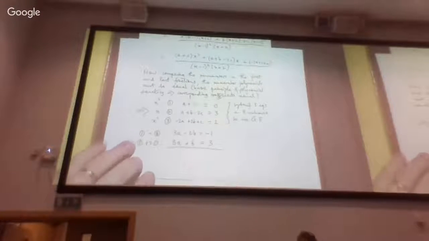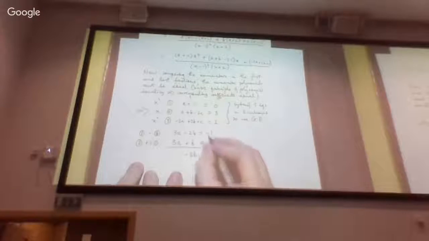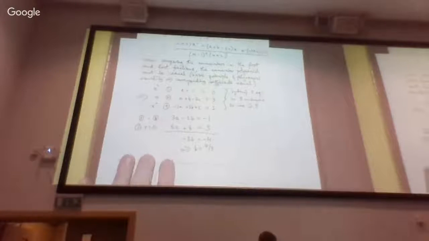Okay, then I can simply subtract these equations from one another. And that will cancel the a's, so I get minus 3b. Minus 1 minus 3 is minus 4. So I've got one of the solutions. b is 4/3, it seems to be.